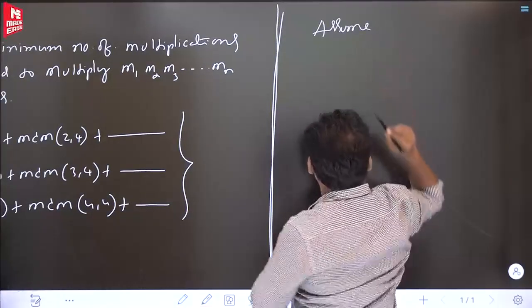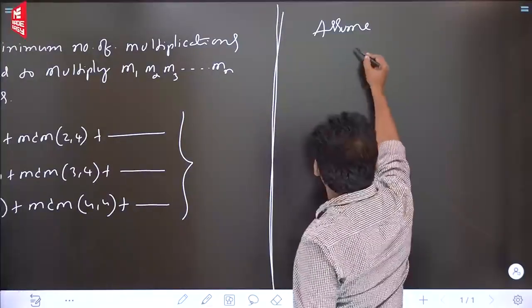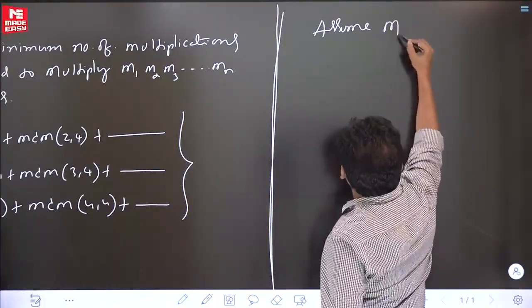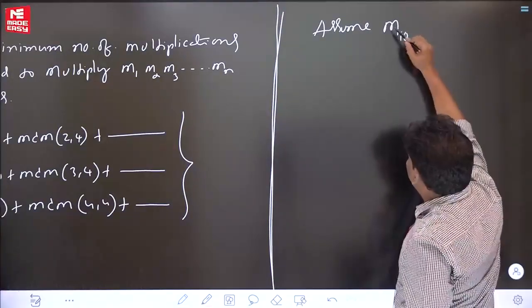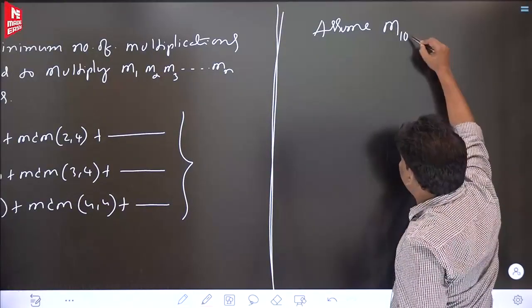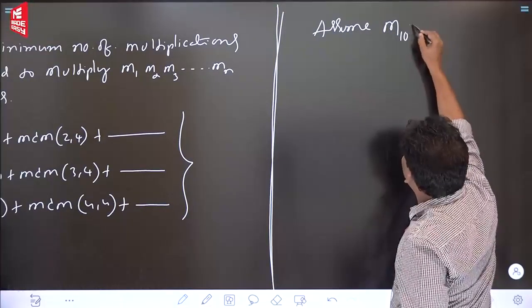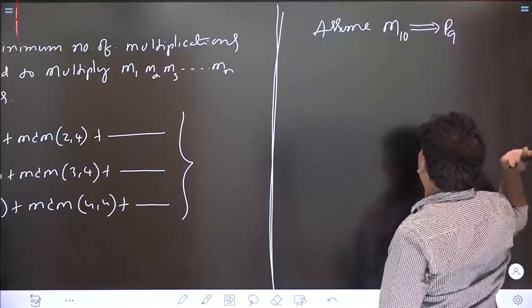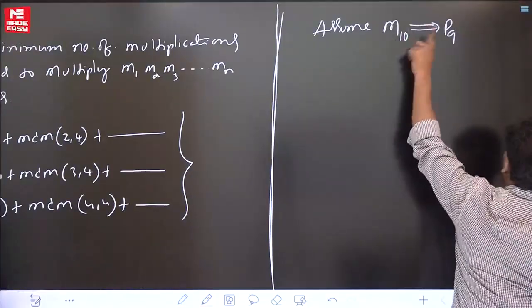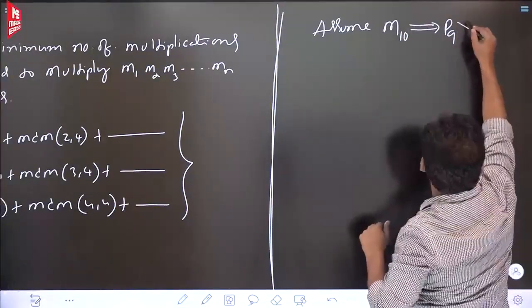Assume M10 means matrix 10. Assume the 10th matrix rows are P9, not 9, P9. Assume the 10th matrix rows are P9, columns are P10.